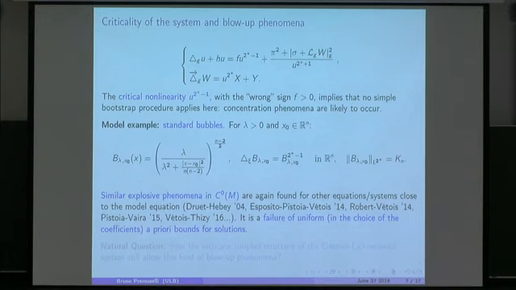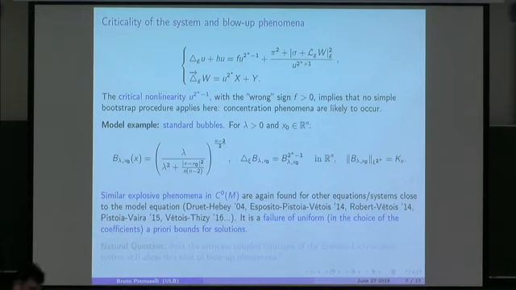And another way to see this behavior is to say that when your equation shows a blow-up phenomenon like this one, it's because you do not have uniform a priori bounds for solutions. So you can see the existence of this blow-up phenomenon as a failure of your equation to provide you uniform bounds for your solutions, which are uniform also in the choice of the coefficients, uniform in everything.